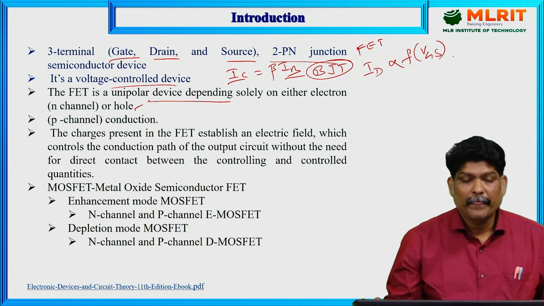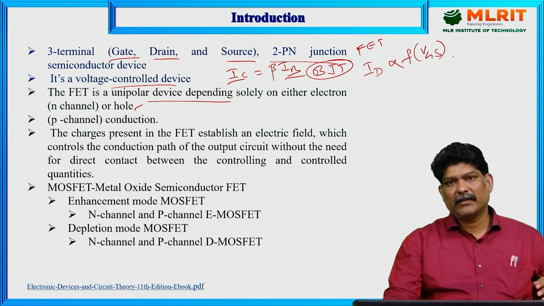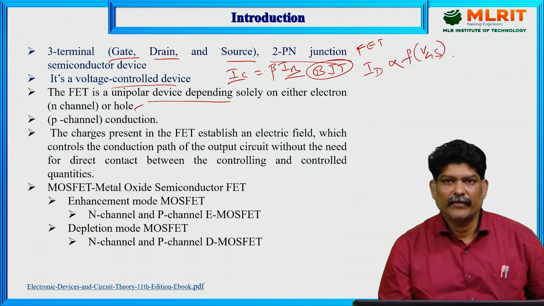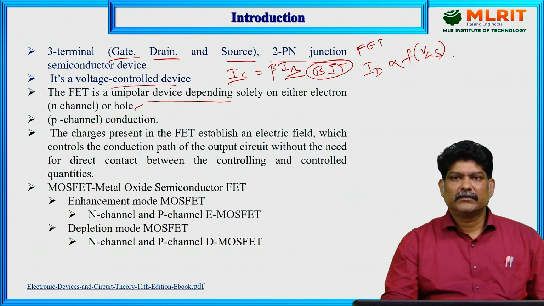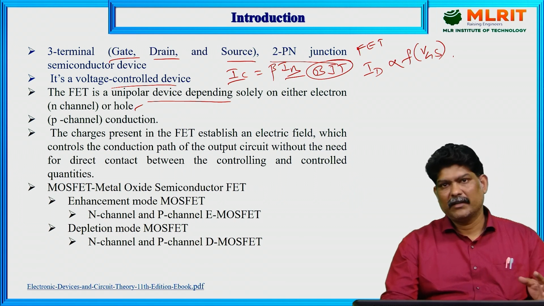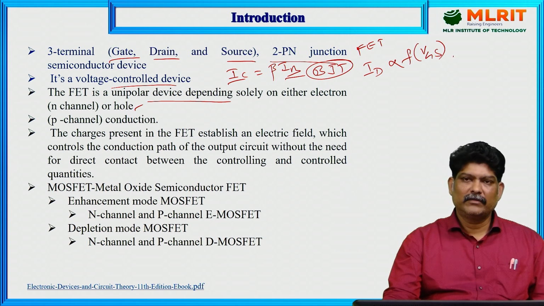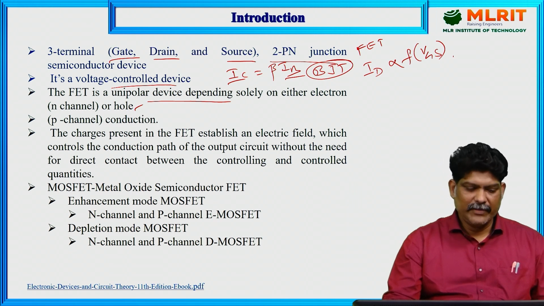We have to create one channel for the flow of electrons or holes. How can we differentiate N channel and P channel? If the operation depends on electrons, it is an N channel JFET. If the operation depends on holes, it is a P channel JFET.